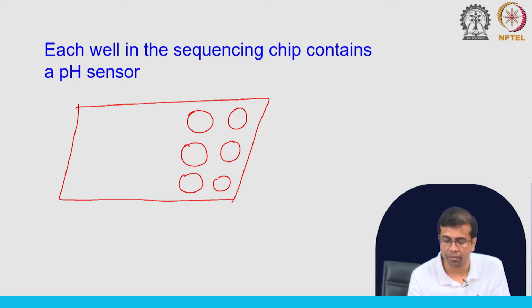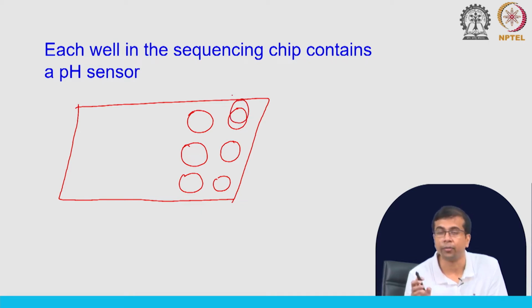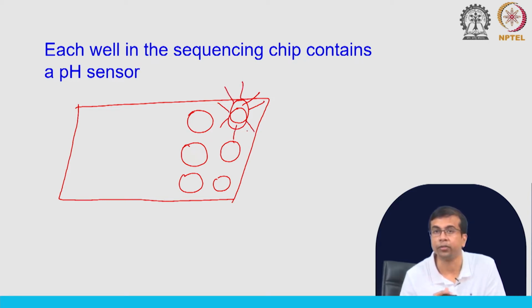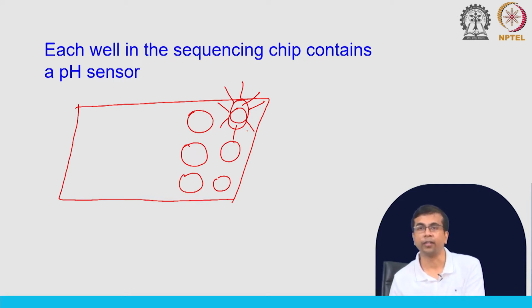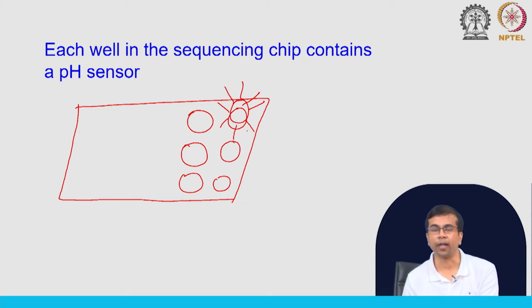The beads sit in the wells and each well can accommodate only one bead, and each bead has DNA molecules attached to it. Each well has a pH sensor at the bottom. As you can imagine, this method relies on detection of H plus ions, the change in H plus ion concentration.